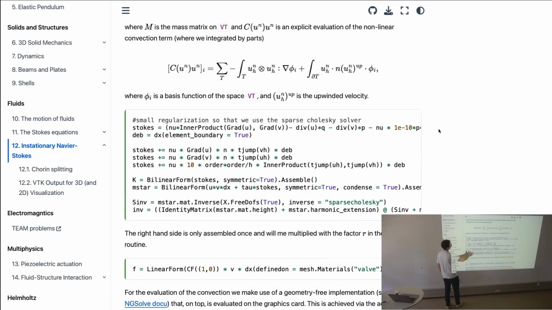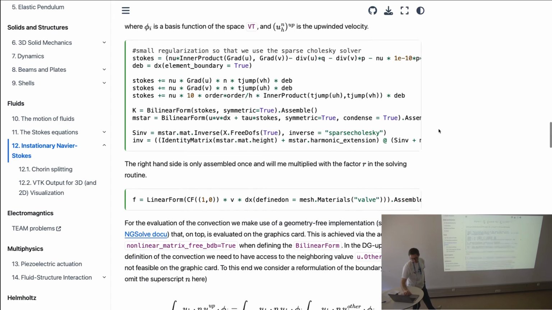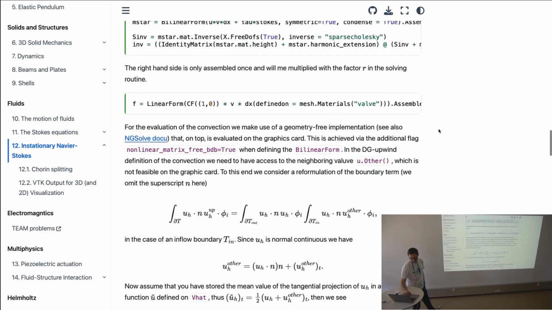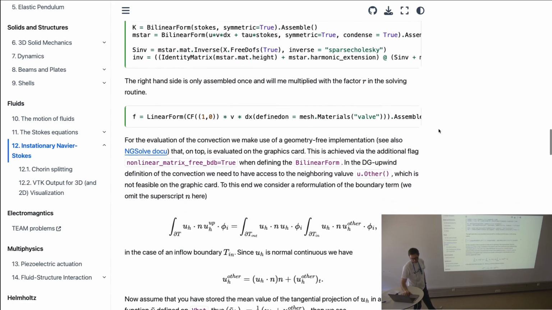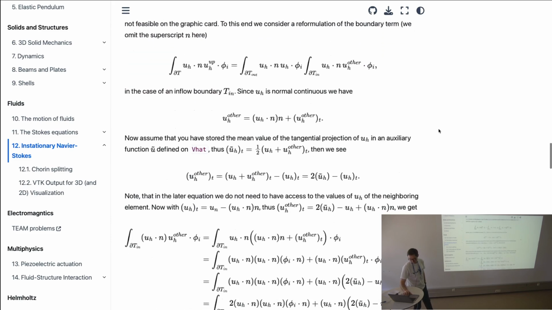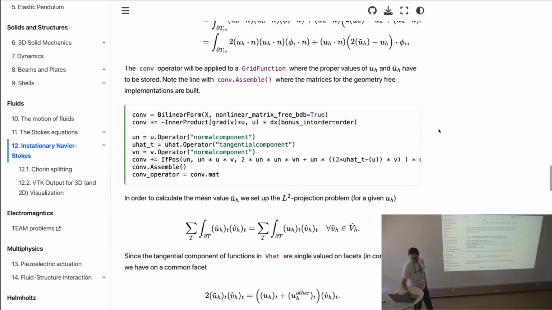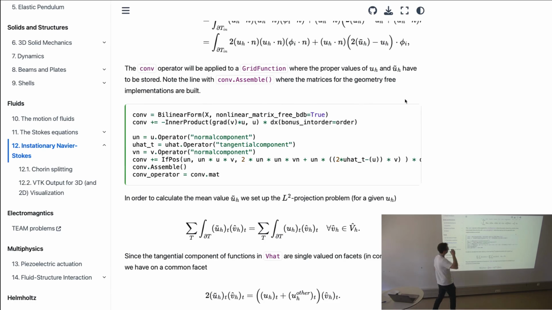Okay, I really don't have a lot of time. We have the convection here. Maybe a short comment regarding the convection. There are a lot of introduction comments here as well. What is new in NGSolve, what you can do now for this HDiv space as well, is that you have a nonlinear matrix-free operation.